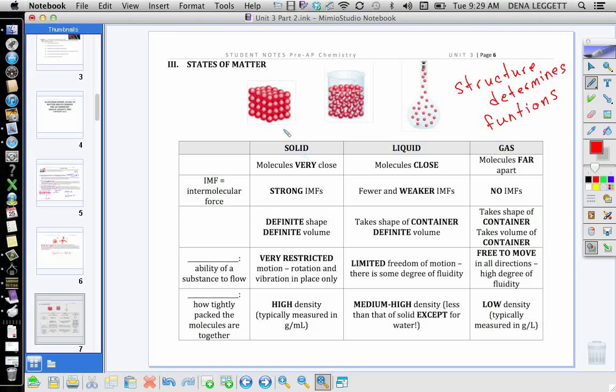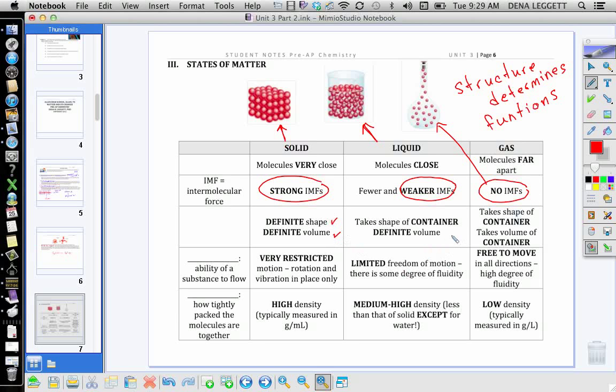If we look at a solid, the molecules are very close. In a liquid, the intermolecular forces are breaking and weakening. In the solid, they're very strong and hold it together tightly. By the time you get to the gas phase, the intermolecular forces have been broken.